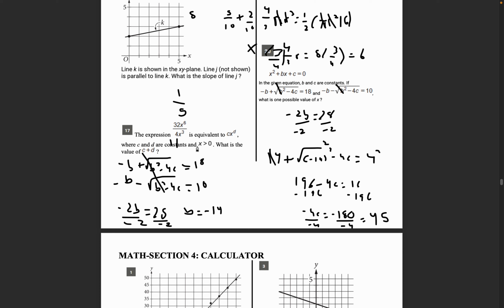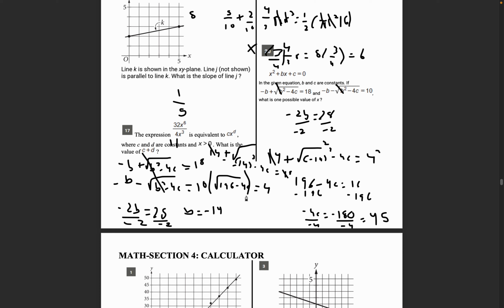So we have negative times negative 14 is positive 14 plus or minus the square root of negative 14 squared minus 4c equals 18. Okay, and then we get the square root, 14 squared is 196, minus 4c equals 4.